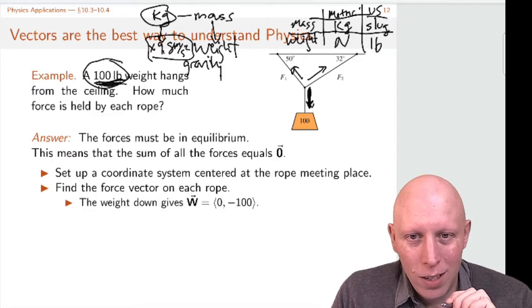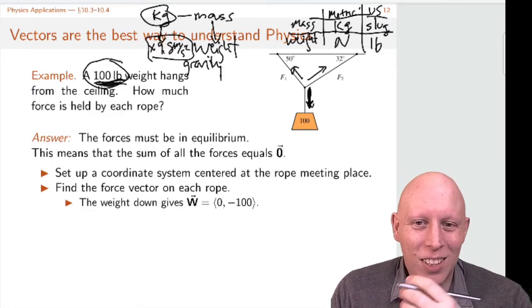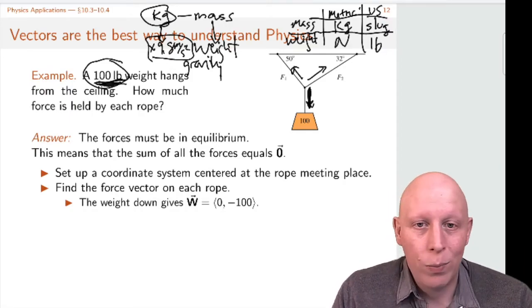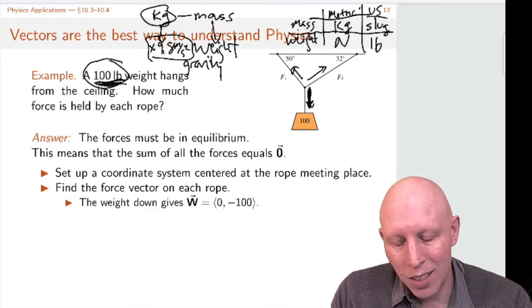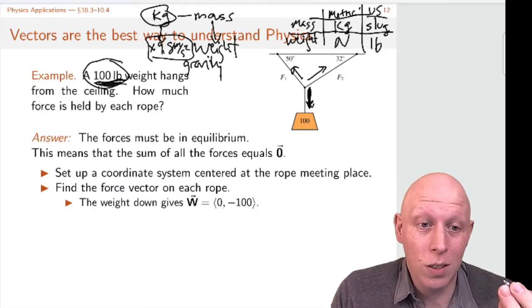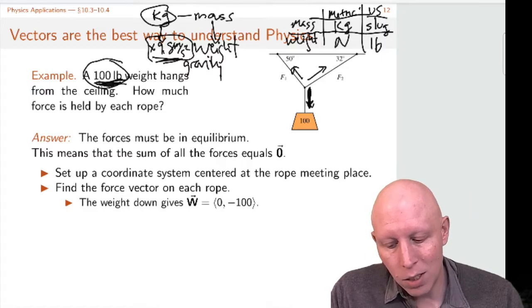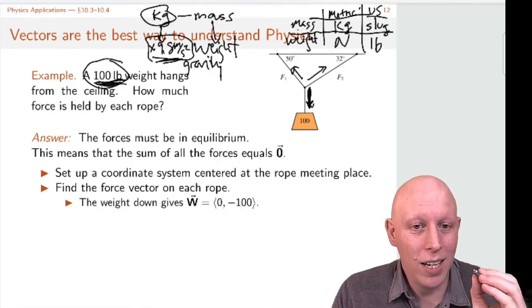But when we're doing calculations, we normally deal with the pounds. This is just a note that if you were doing this problem and it had kilograms, you'd have to put everything into newtons, which you get by multiplying by 9.8 meters per second squared. All right, end of the aside.